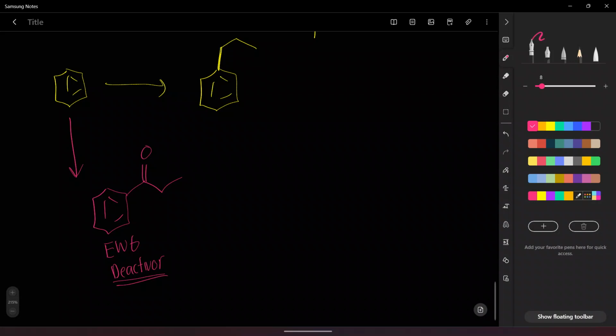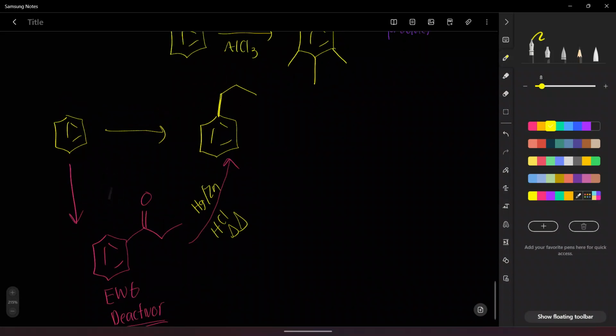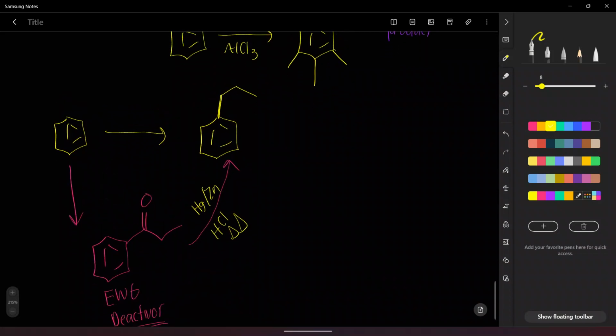I don't have to worry about this molecule in the pink overreacting because it's actually going to be less reactive. So I'm stuck here. And then once I'm stuck here, I can then simply do my favorite either Clemmensen or Wolff-Kishner reduction. I'll do a Clemmensen because it's easier for me to remember that one. It's a zinc mercury amalgam with HCl and a lot of heat. Okay. Right? And that allows me to selectively get just the monoalkylated product, right?